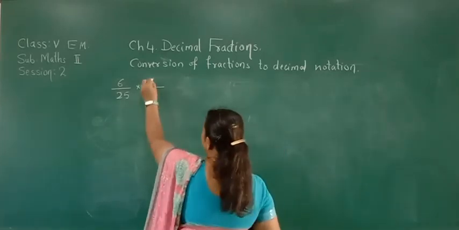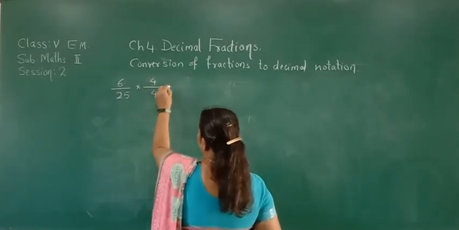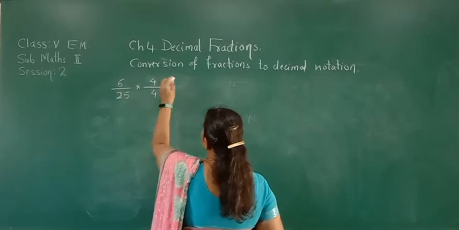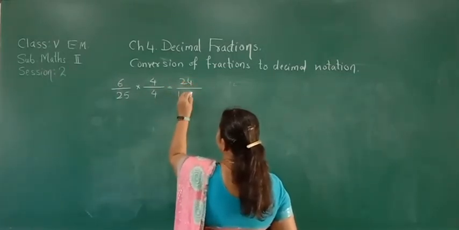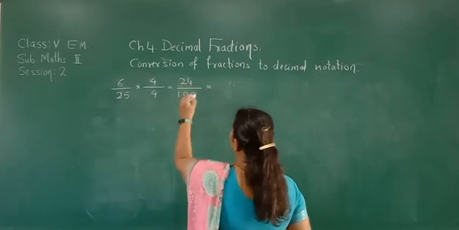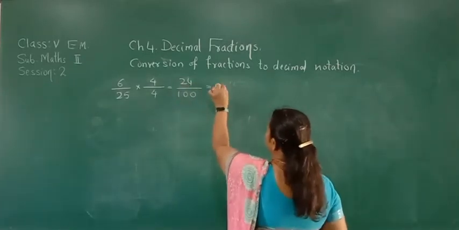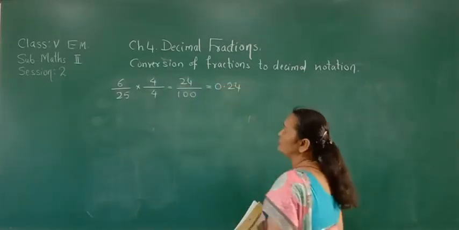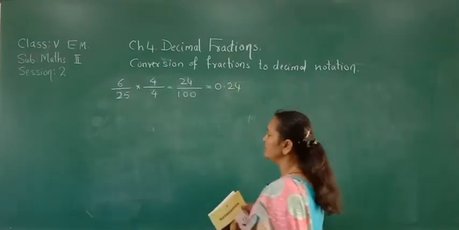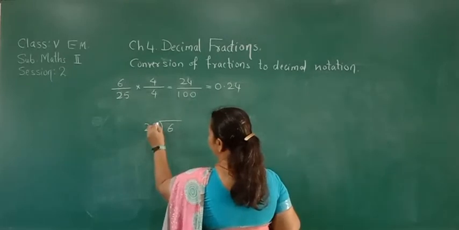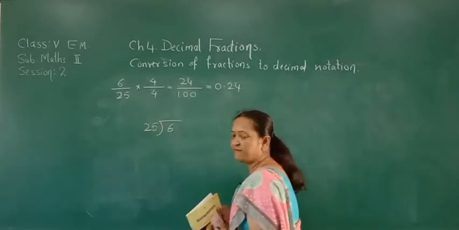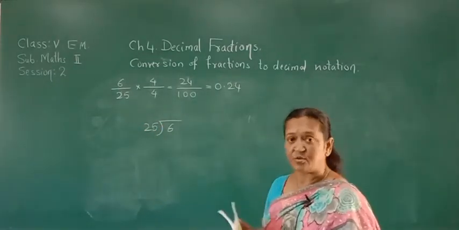So multiply both numerator and denominator by 4. So 6 4s are 24, and 25 4s are 100. So 24 by 100 you can write as 0.24, or divide this 6 by 25. So here again 25 is more than 6, you can't divide it.